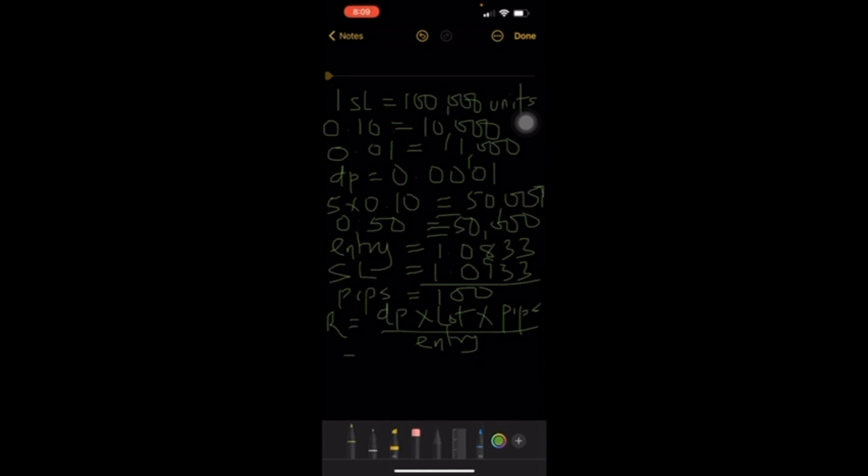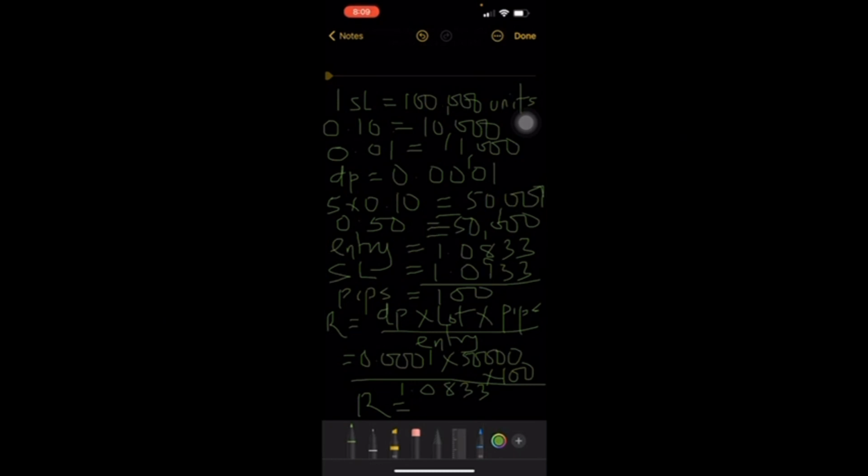So the decimal place is 0.0001, multiplied by the lot size of 50,000 units, multiplied by 100 pips, and you divide everything by our entry price, which is 1.0833. So what are we risking? The mathematics students in the house, what do you do?